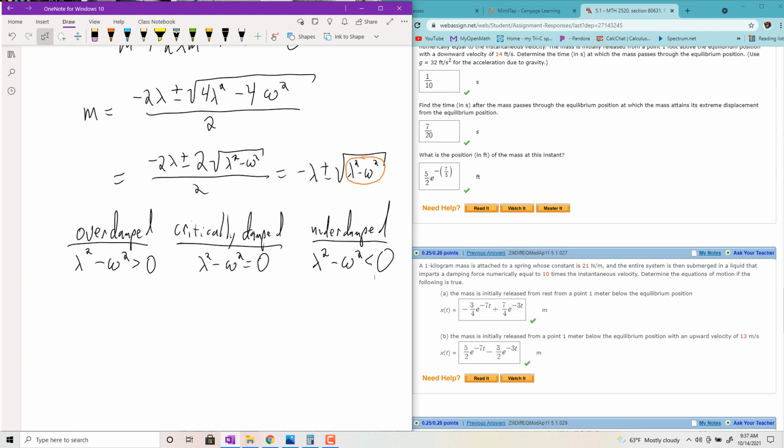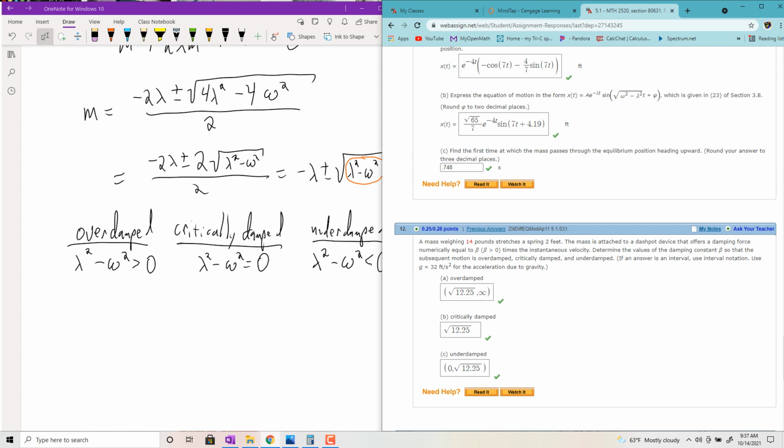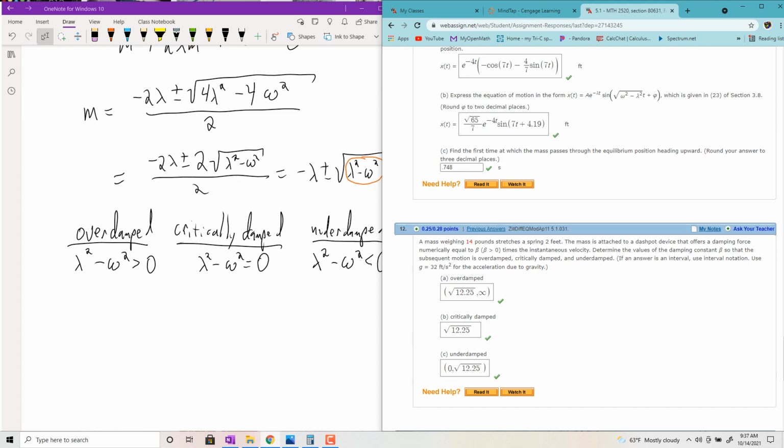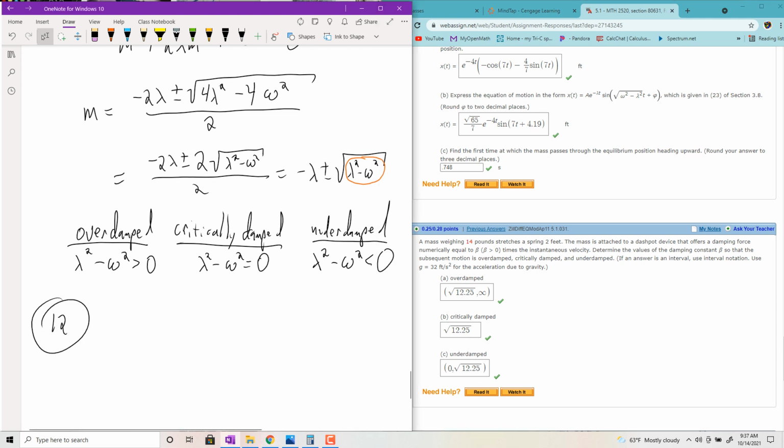Well, let's look at some of these problems then with regards to underdamped, overdamped stuff. Number 12 introduces you, I think, in a good way. So a mass weighing 14 pounds stretches a spring 2 feet. So again, we still have to go and retrieve all of this information. We need our, what do we need?